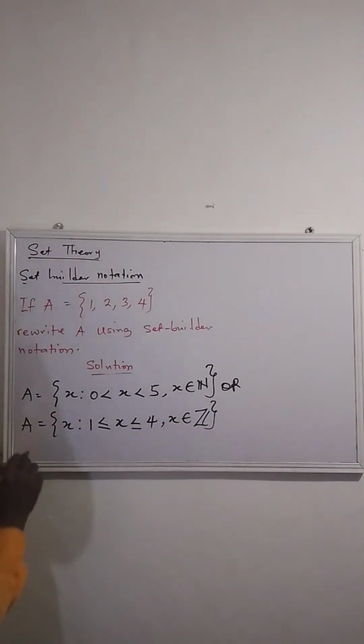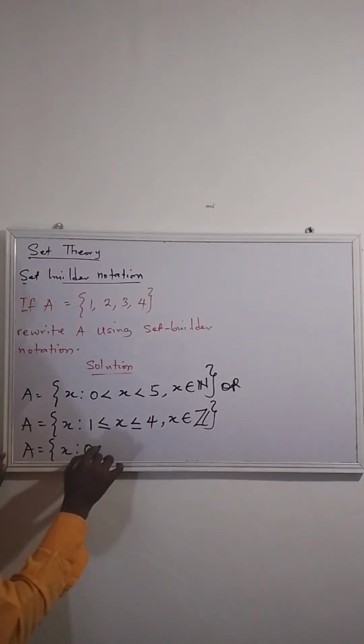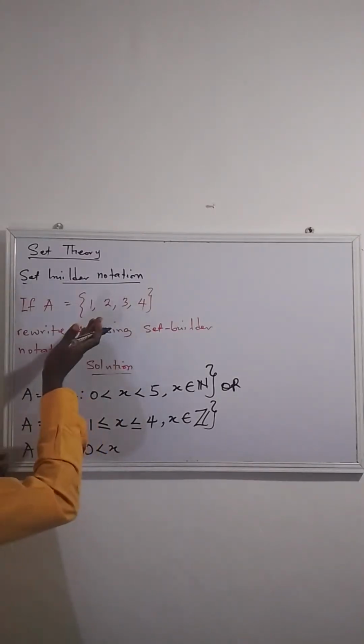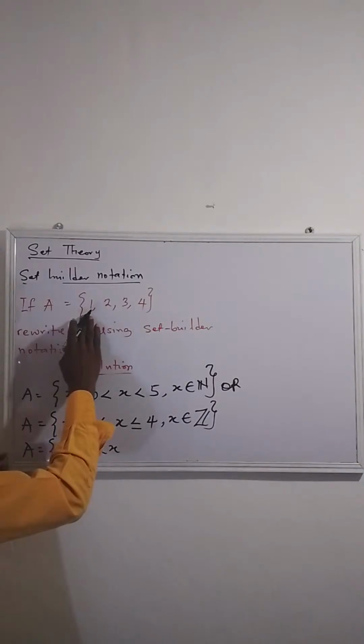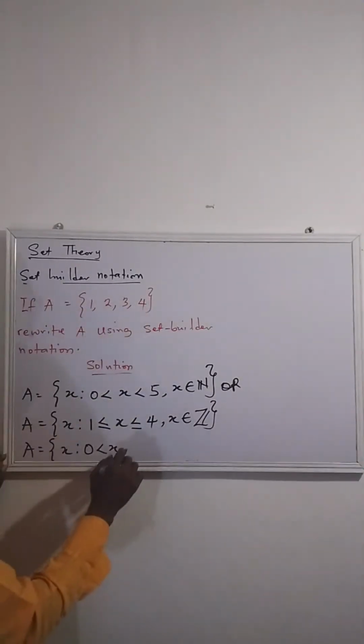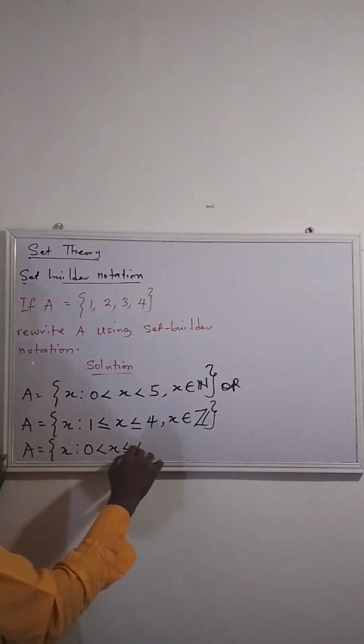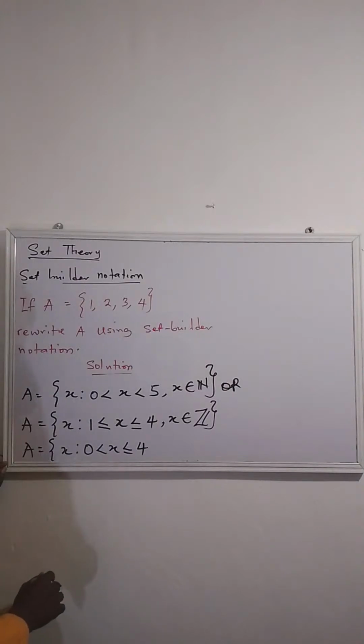Okay, now I can also write the set A this way. It's the set of x such that 0 is less than x, we said that earlier, if 0 is less than all of these numbers, and all of these numbers are less than or equal to 4. Okay, you get that now?